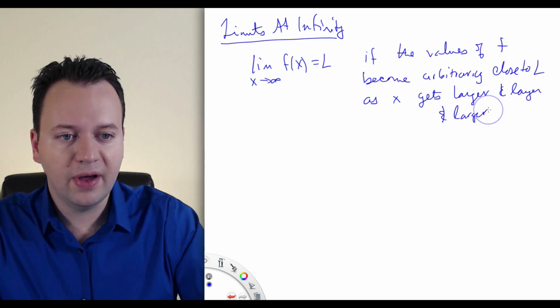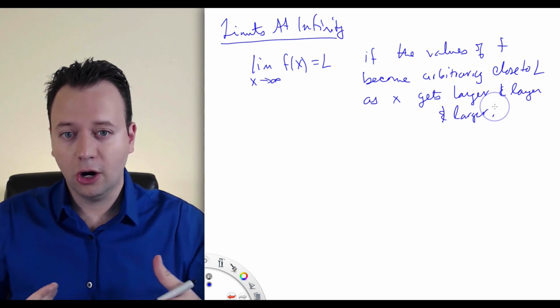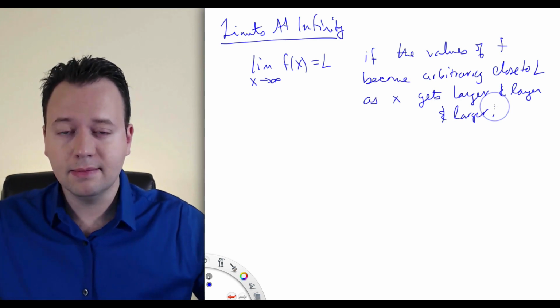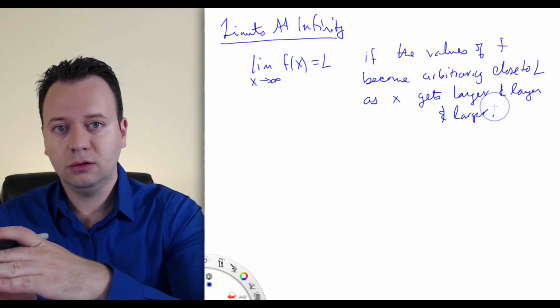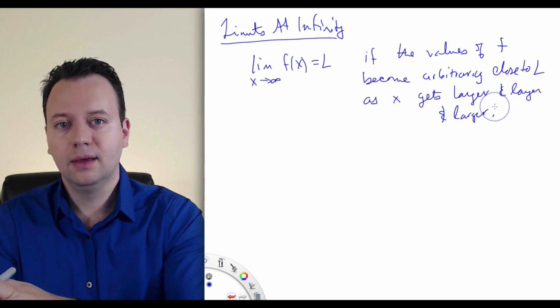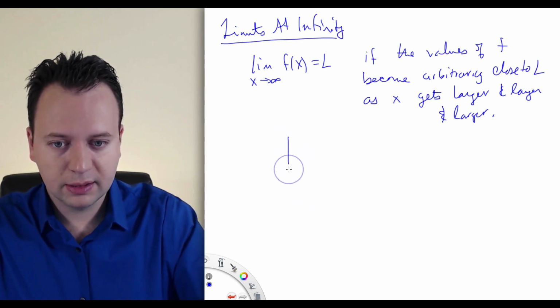So in other words, if x is sufficiently large, in other words, if x is large enough, at some point, the y values will be as close to the point L as you'd like. So let's see a picture of this.